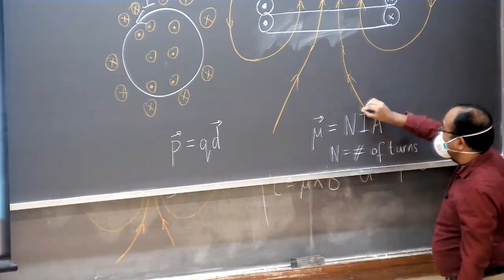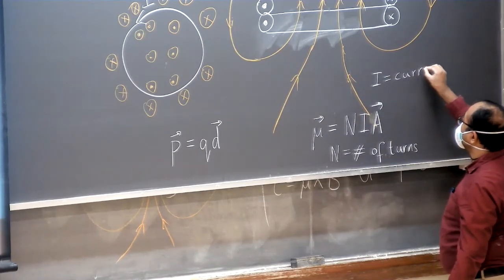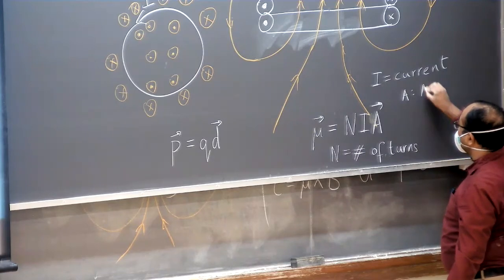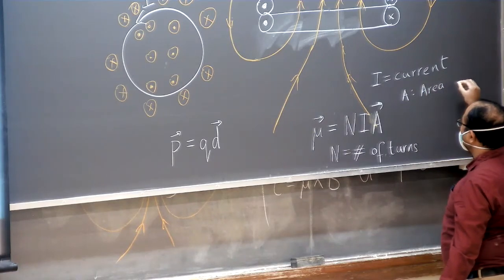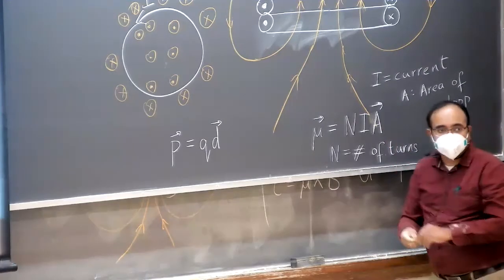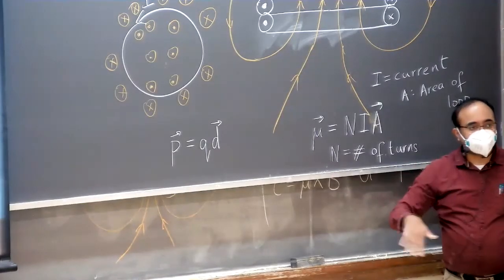I is the current. And A is the area of the loop. You can see that it's an area vector, and it's perpendicular to the area of the loop.